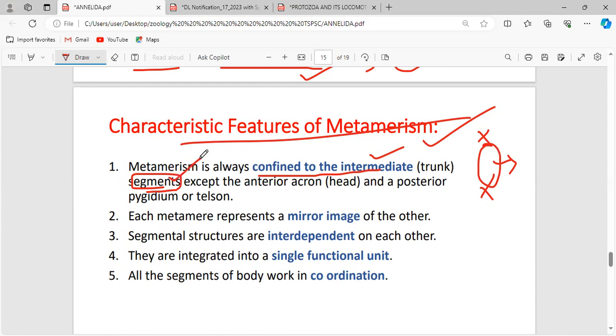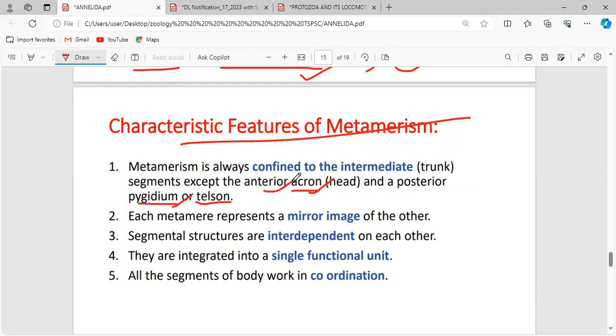We can see the segments very clearly, except at the anterior acron, the head, and the posterior pygidium or telson. So you should also know the technical terms. Acron means a head region, pygidium or telson is a tail region, anterior is a head region, posterior is a tail region. You should know the meaning of all these words.